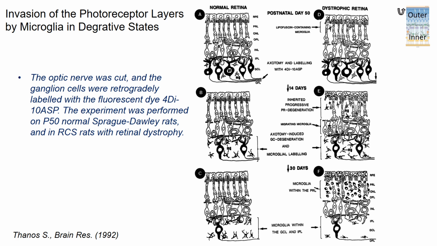Now, what was observed is that over the duration of the RCS progression, these microglia that were labeled initially in the inner layers began to accumulate after 30 or so days in the outer retinal layers, suggesting that indeed microglia are the cells that are invading the outer retina.